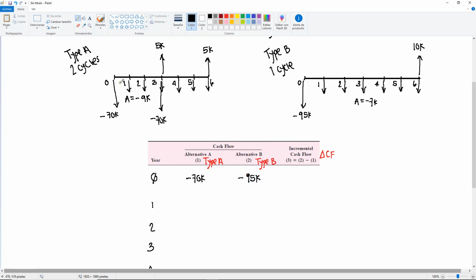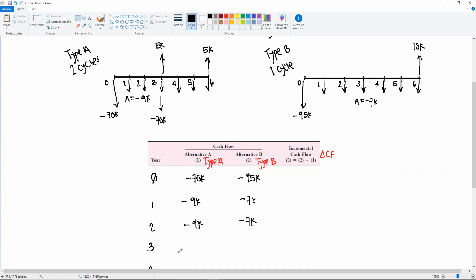Then year 1, what's going on here? We have minus 9,000 here, minus 7,000. Year 2, same, minus 9,000, minus 7,000. And here's where things change a little bit in year 3, because here we have 3 cash flows in the same year. So you can either combine them at once or just list them.